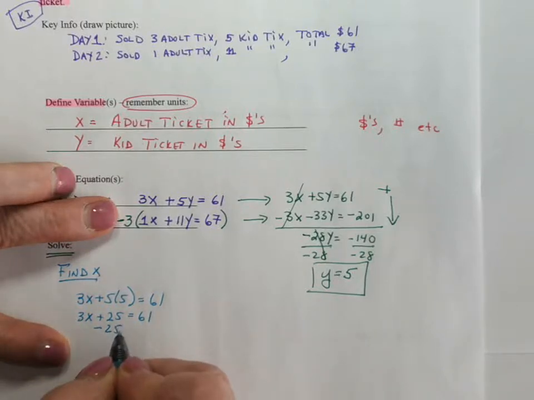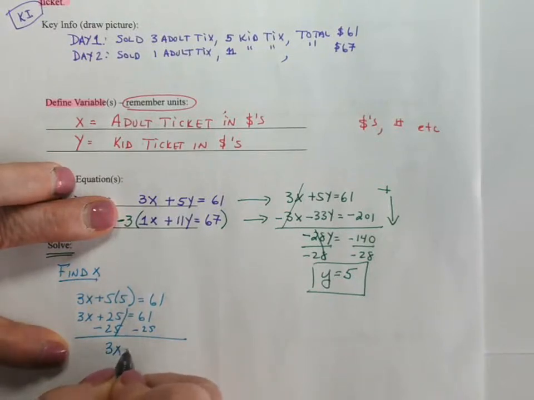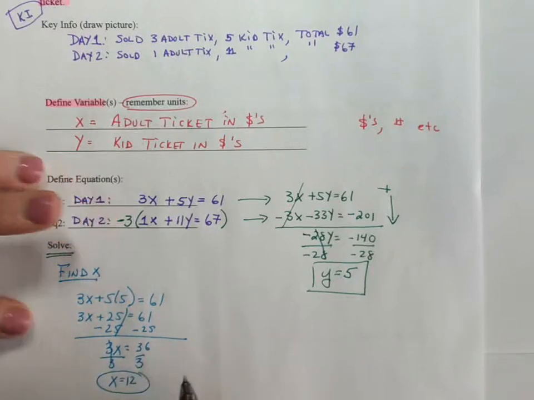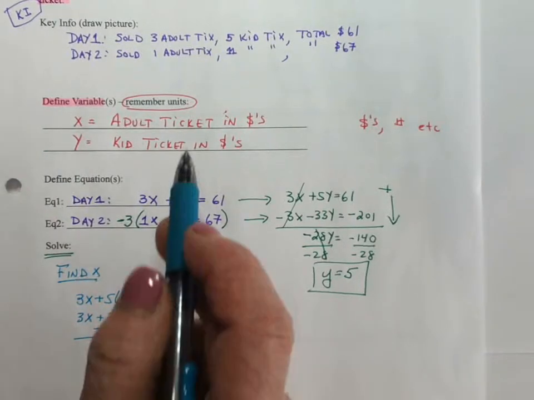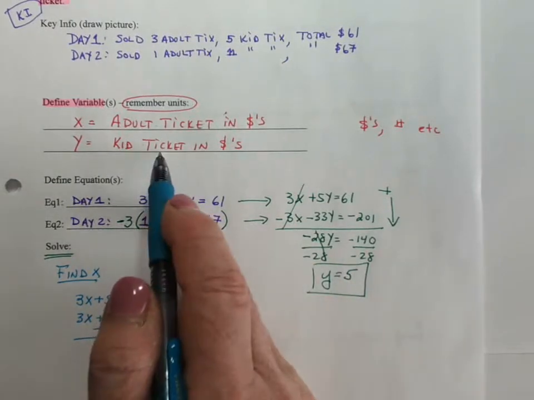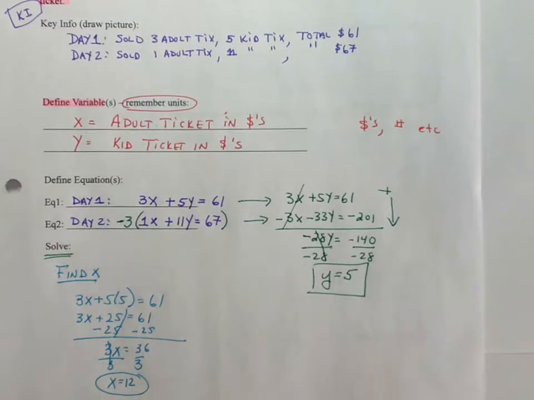Subtract 25. I get 3x equals 36. Divide by 3. x equals 12. So, an adult ticket costs $12 and a child ticket costs $5. Does that make sense? Adult tickets cost more than children's, yeah.